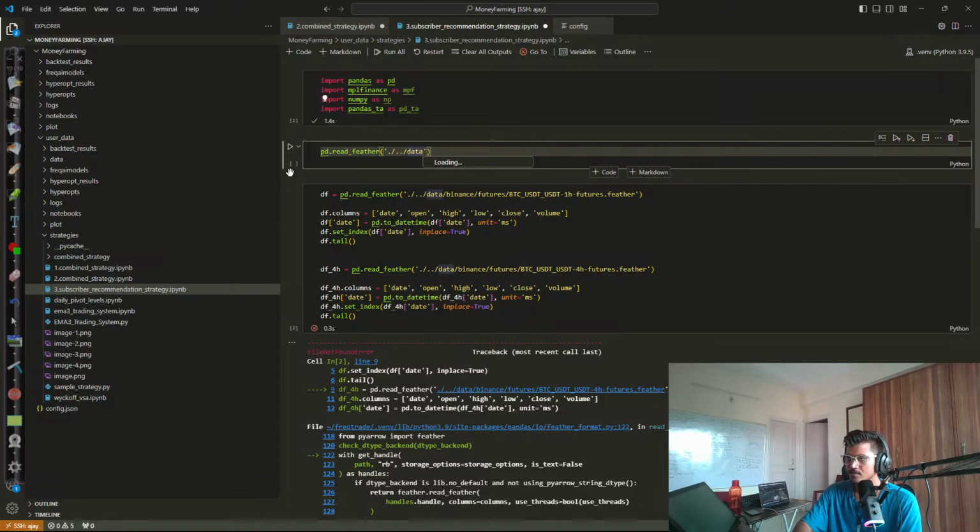Okay, so Binance futures 1 hour and 4 hour.